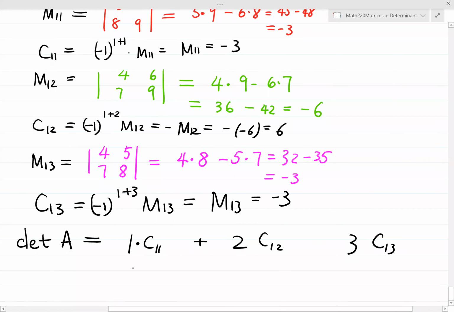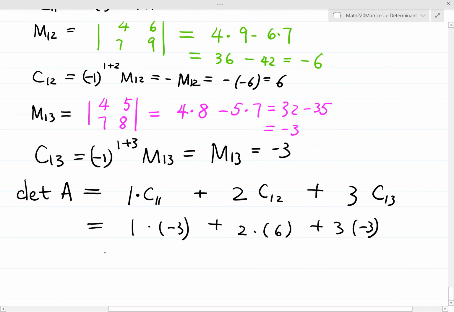So this will be 1 times C11, which is negative 3, plus 2 times C12, which is 6, plus 3 times C13, which is negative 3. So this determinant is negative 3 plus 12 minus 9. So actually you get 0.